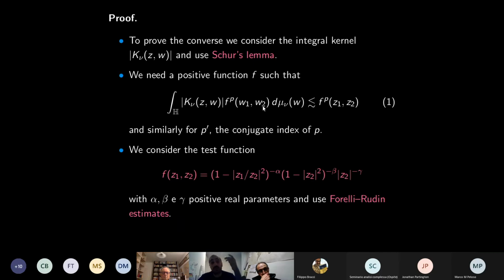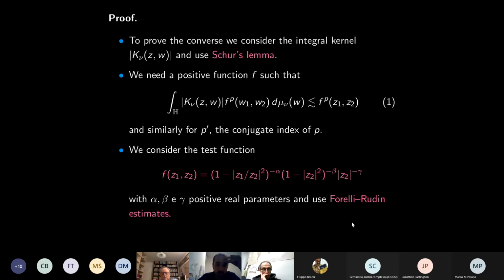So we consider the following test function here. We have 1 minus the modulus squared of z1 over z2, to the power minus alpha. Then we have 1 minus the modulus squared of z2, to the power minus beta, and z2 to the power minus gamma. So somehow this function interacts well with the density of the measure we are considering here.